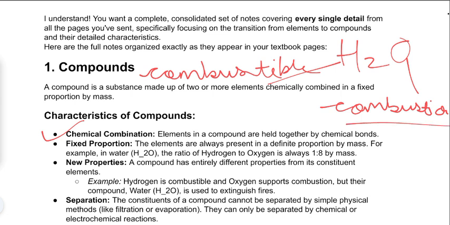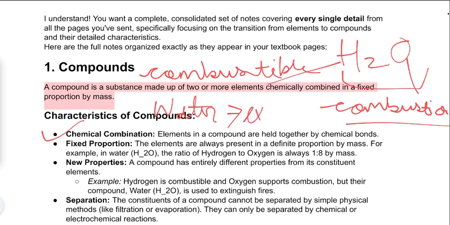But when hydrogen and oxygen react, they form water. Water is used to extinguish fire. Hence, it does not support burning. Okay, it is used to extinguish fire. So what is proved?